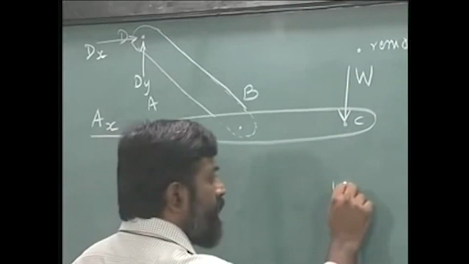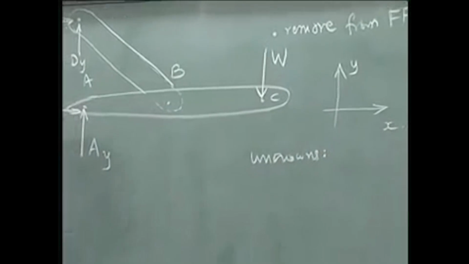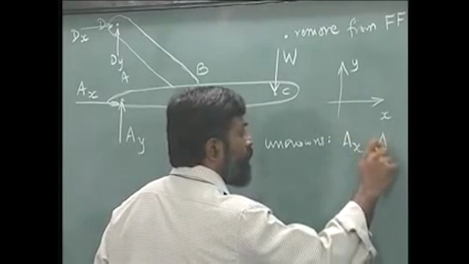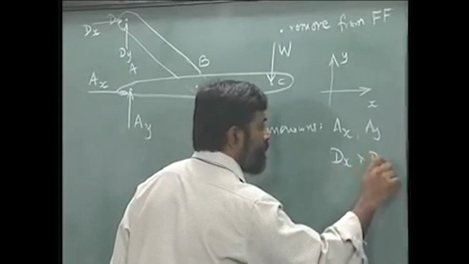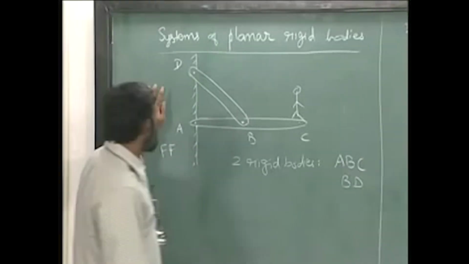The unknowns that we need to solve for are Ax, Ay, Dx and Dy, right, which are the reactions with respect to this.